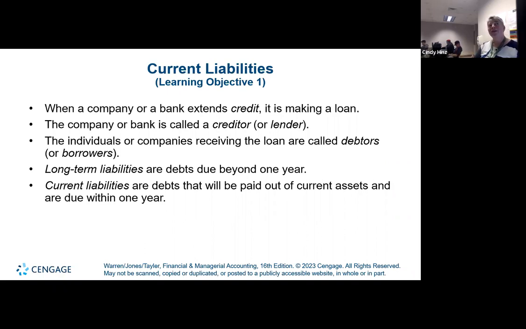And that other piece that we threw in there is we expect to use current assets to take care of these current liabilities. That's why calculations like working capital and current ratio that we learned in chapter 4 are useful for us, because we're comparing how much do we owe this year, how much do we have available to pay for it.